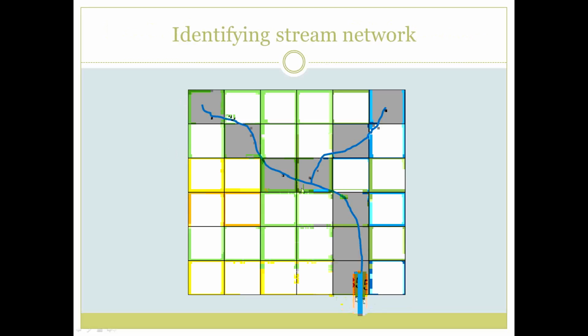Now, when you run the tools in QGIS or another GIS platform, this is all done behind the scenes. You just say, I want to create these layers, and it creates them. But I thought it would be interesting for you to understand how these layers are actually created and where the information is coming from.